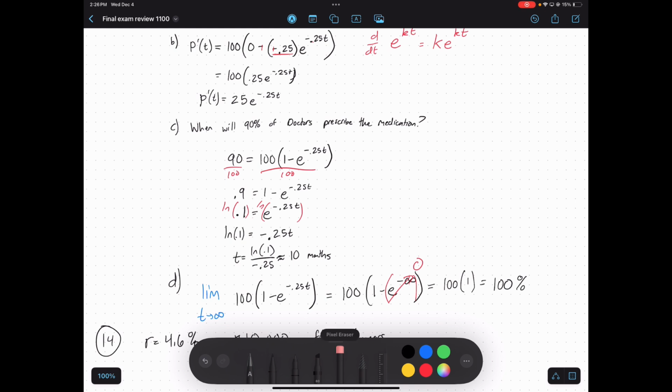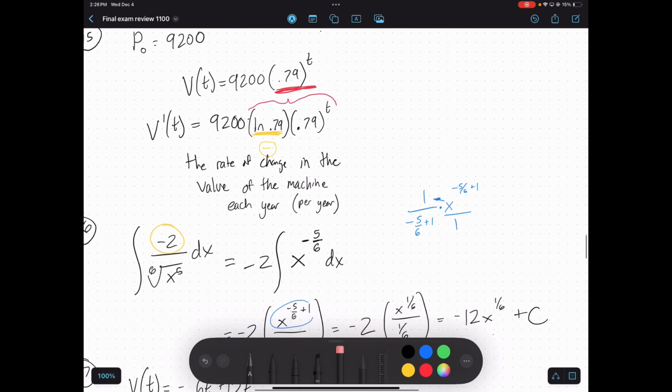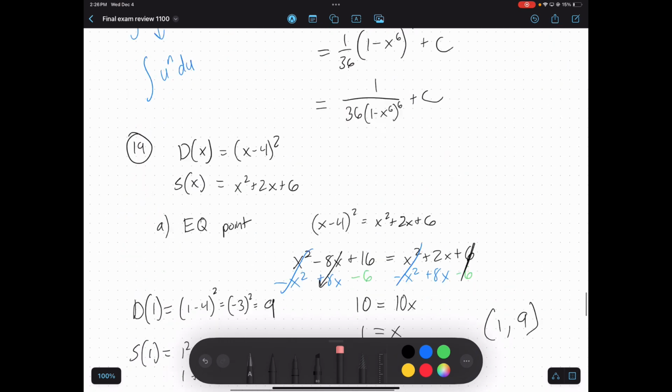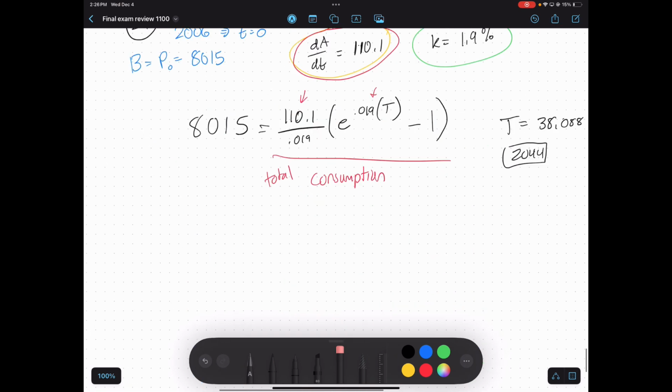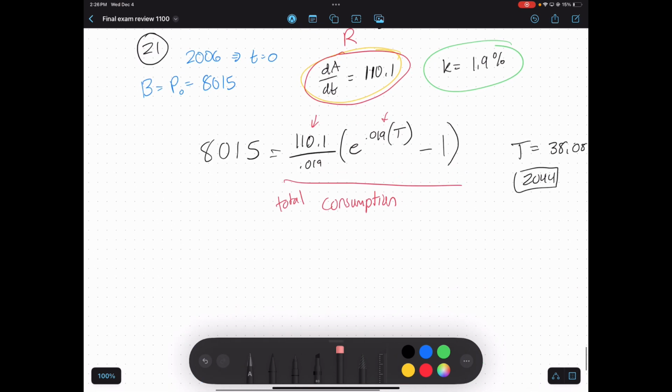We had this same situation where we set it equal to something and we were solving for t. We eventually get to the point where we need to get that t out of the exponent. We take the natural log of both sides. Oh, okay. So that's how you're going to do it with this one too. Once you need to get t out of the exponent, take the natural log of both sides. Very perceptive, because you will have to do that with this problem.